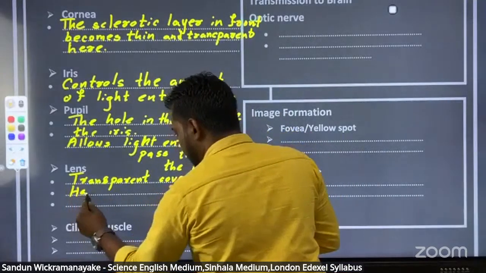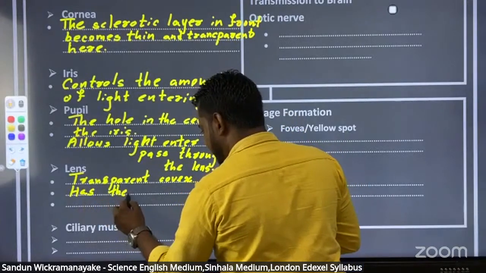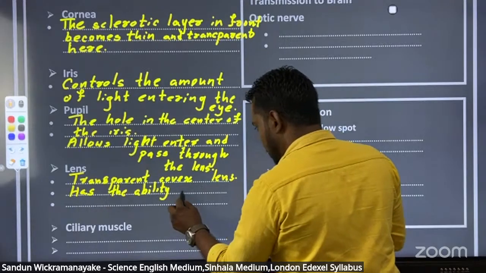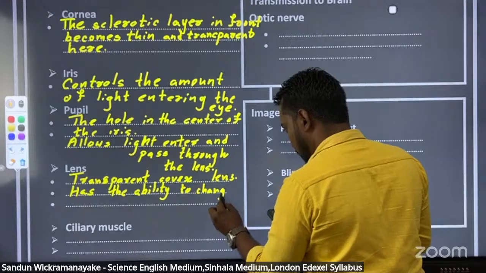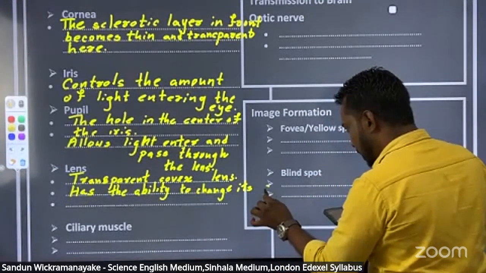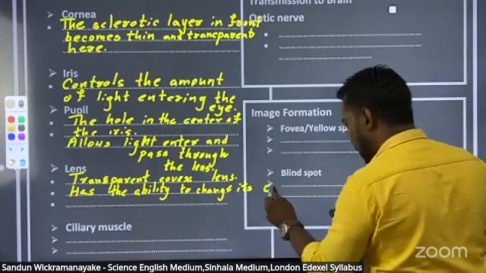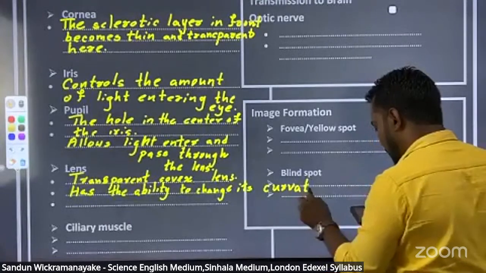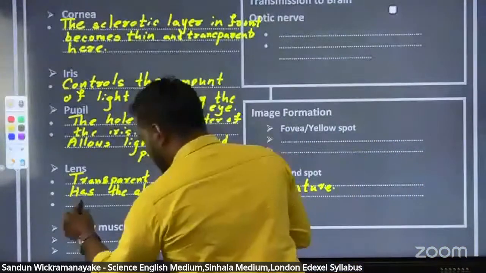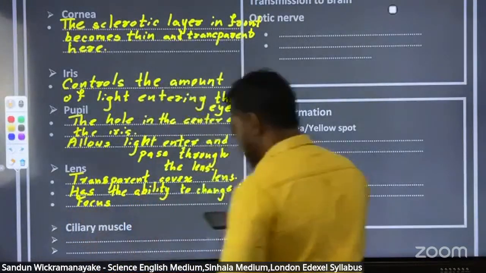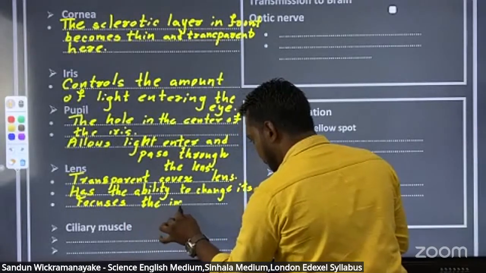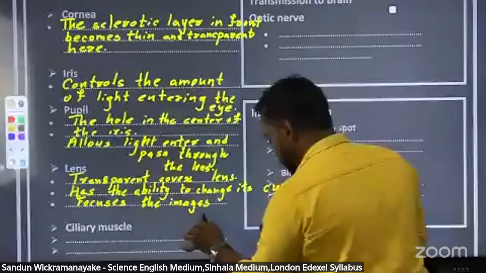And you also know that it has the ability to change its curvature, and it focuses the images on the retina.